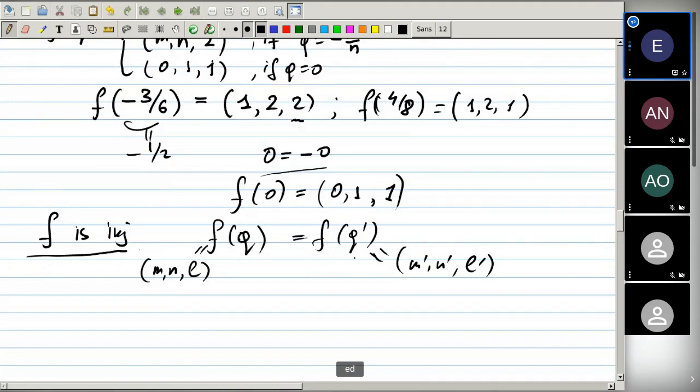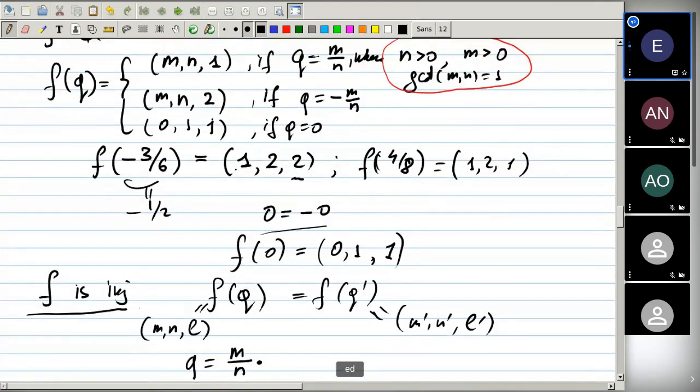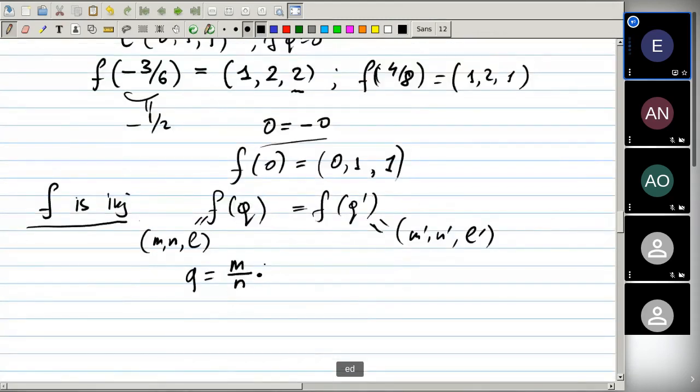But by definition of our function, that means that q equals m over n multiplied by the sign. The sign is either plus or minus. It is plus if here we have 1, and it is minus if here we have 2. So it is minus 1 to the power l plus 1. You can arithmetically express it this way.